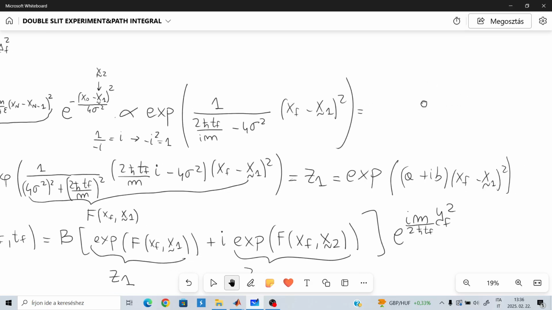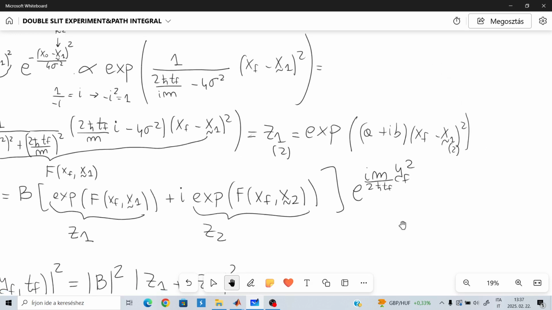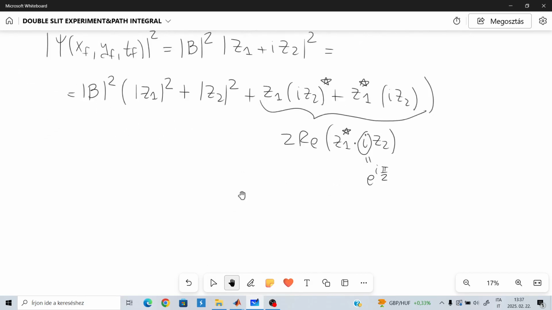And you can easily check that a, for example, would be minus 4 sigma squared divided by this denominator, whereas b is simply equal to this number divided by this denominator. So it's quite easy to check. And z2 would simply be the same as this one, but instead of x tilde 1, we have x tilde 2. Simple as that. So we can rewrite this expression in the following way.